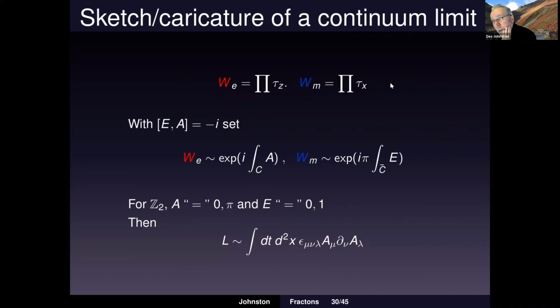So you've got sort of a rotor quantum thing sitting on your lattice site. And then to go to Z2, they talk about Higgsing it, so you restrict the A to either 0 or pi instead of going from 0 to 2 pi. And the E now is just 0 and 1. So write down what you would have thought of for a continuous theory, and then restrict your gauge fields to some set of values.